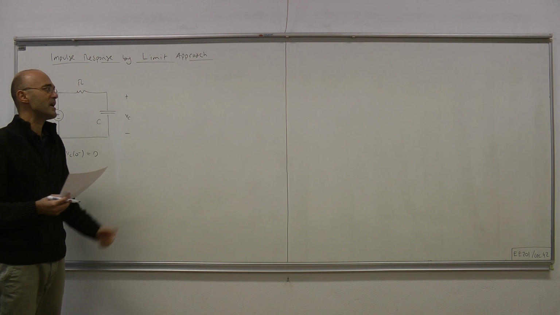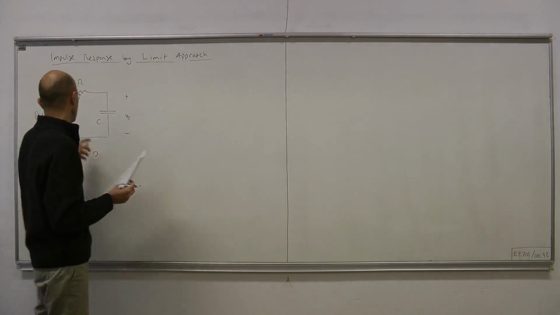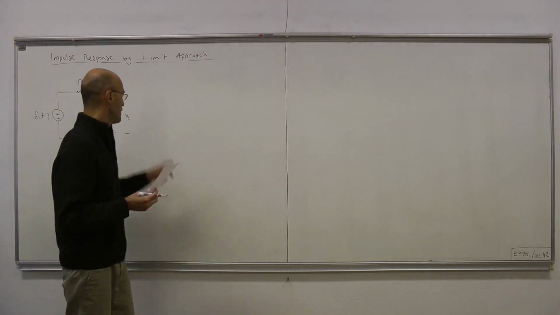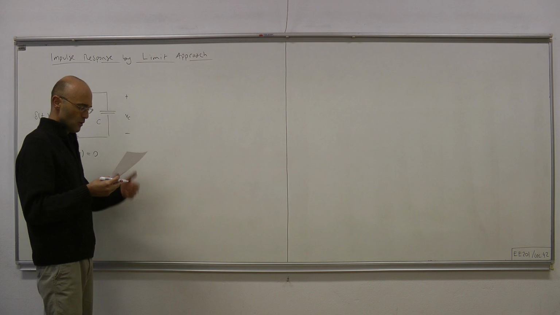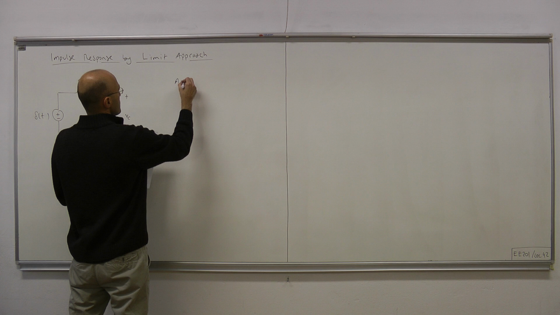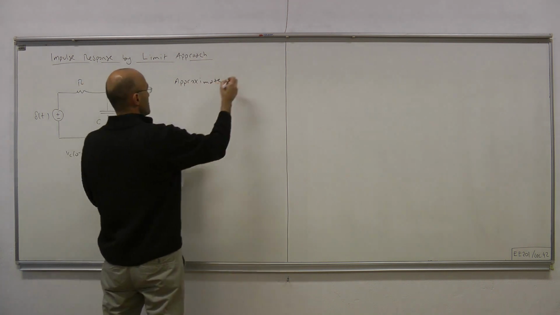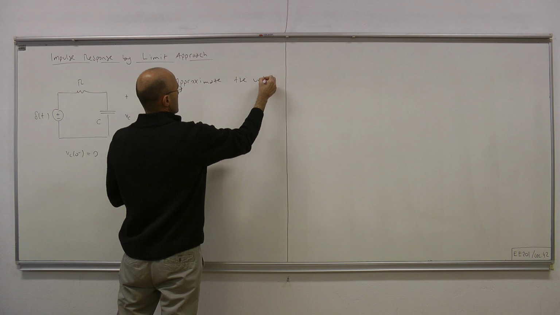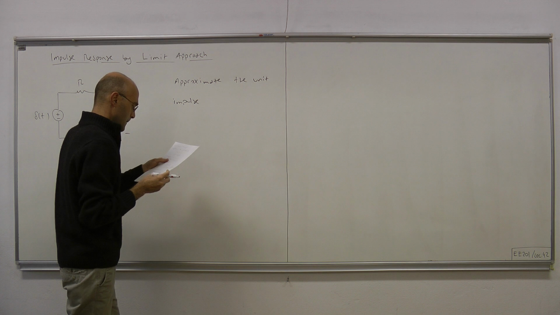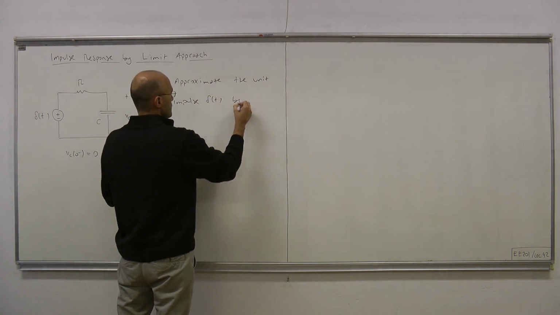Then we make that bounded version closer and closer to the impulse function, and we see what happens to the response in the limit. So what we mean is the following. We approximate the unit impulse δ(t) by the pulse function.